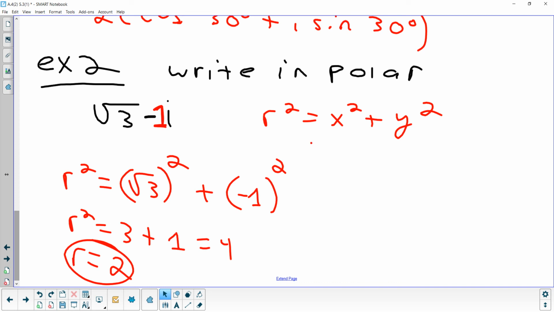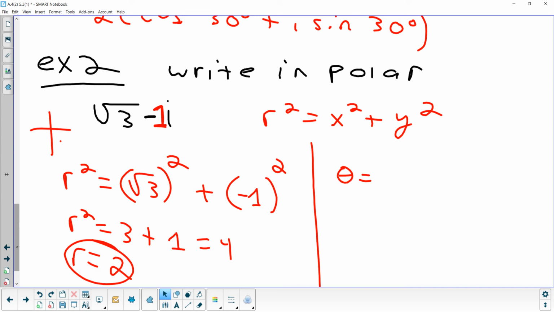All right. Now, let's find our angle. What quadrant is this going to be in? Positive x, negative y. Where are we going to be? Yep, 4. Do I need to add 180 when I'm in quadrant 4?